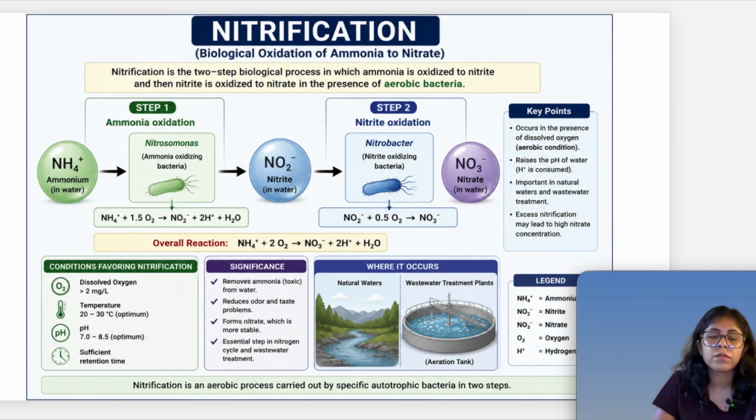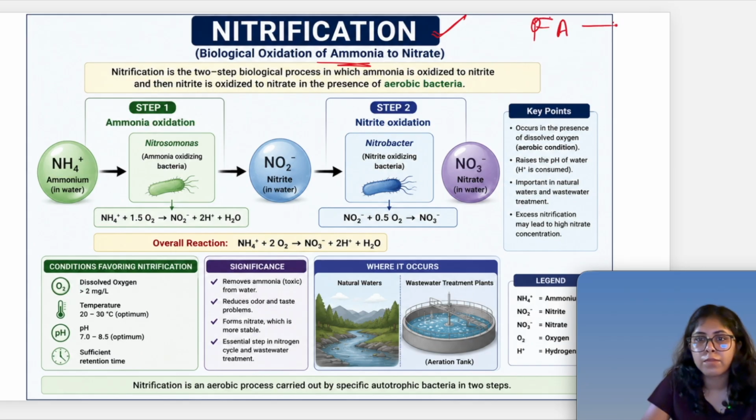Now we have a process called nitrification, and nitrification is a biological oxidation of ammonia to nitrate. So we got organic ammonia, free ammonia, right? From that free nitrogen, or free ammonia, we converted that to organic ammonia, right?